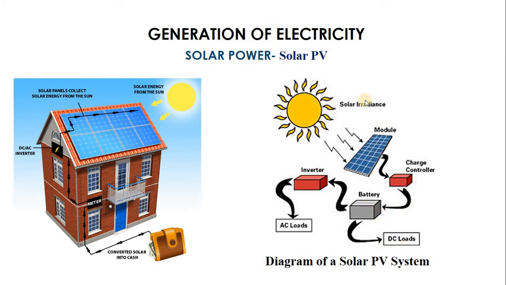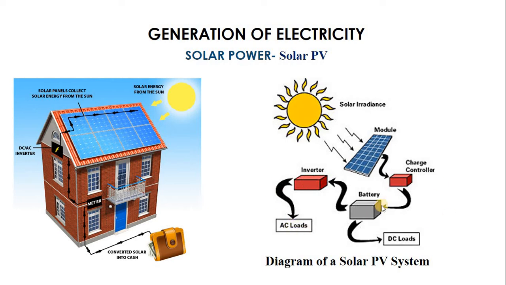It is when there's no light energy from the sun and there's no power from the solar module that you'll be taking directly from the battery. So for DC loads, you take directly, but in order to supply AC loads, you need an inverter. The inverter will convert DC to AC, so that your AC loads can also have their power.